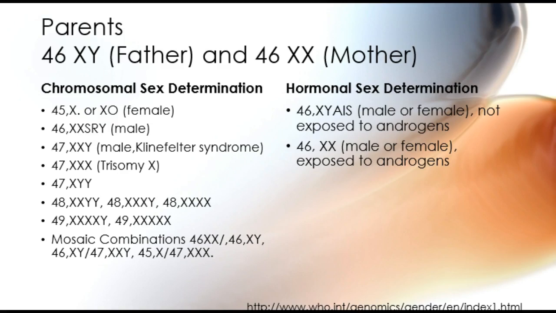And then there's also what's called mosaicism, meaning that the person has 2 or more cell lines with different genetic signatures, and this person can be XX, XY, so 46XX and 46XY. They can be 46XY, 47XXY. They can be 45X, 47XXX.